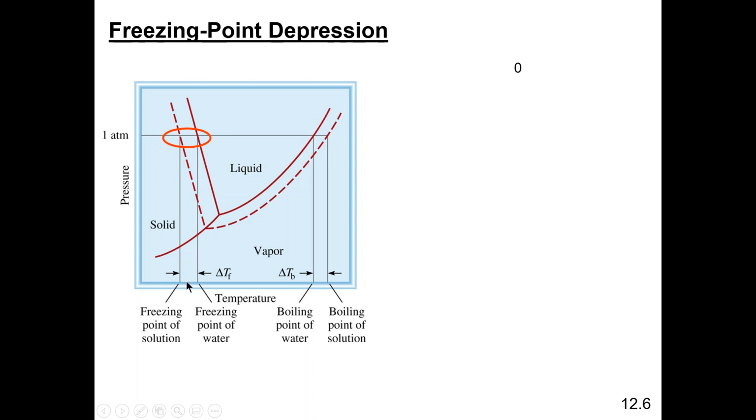So therefore the freezing point of water would be one value, the freezing point of the resulting solution would be less than the original freezing point of the water, all right? So we call that the freezing point depression. And you'll see that in this particular case, the math is very similar with some slight differences. For example, because it's a depression, the change in freezing point when you compare the solvent to the solution would be negative, right?